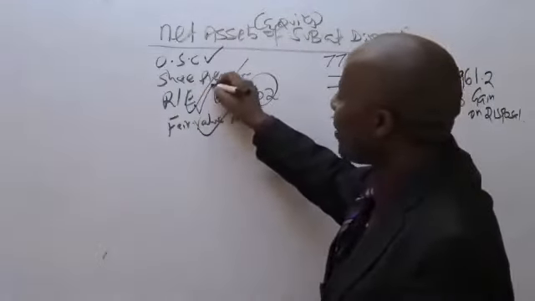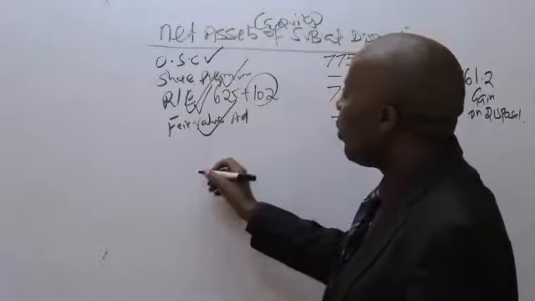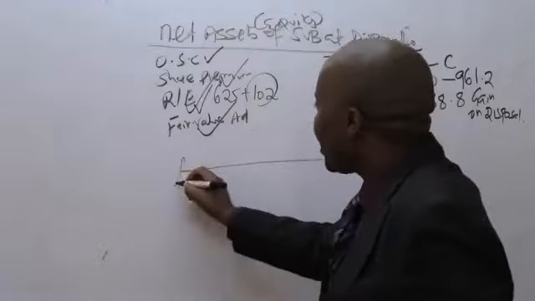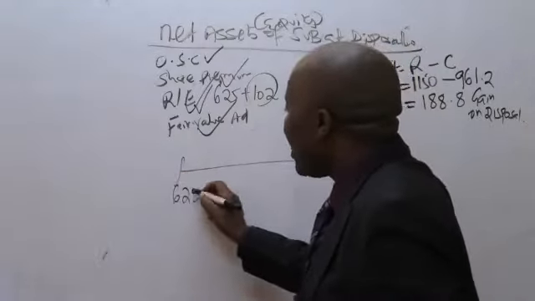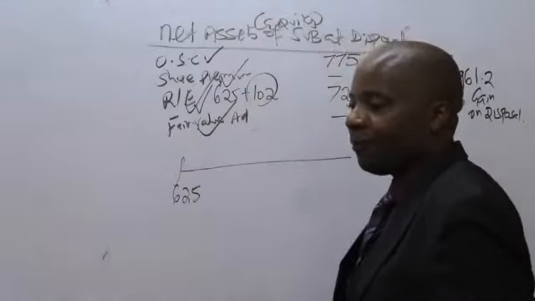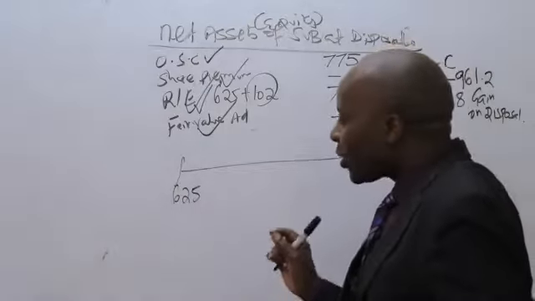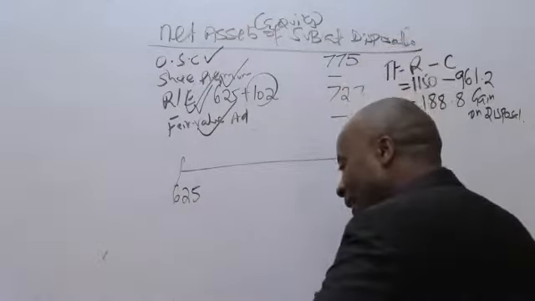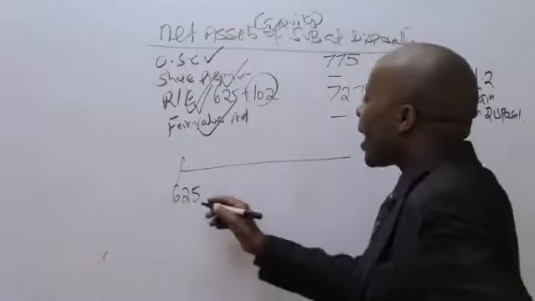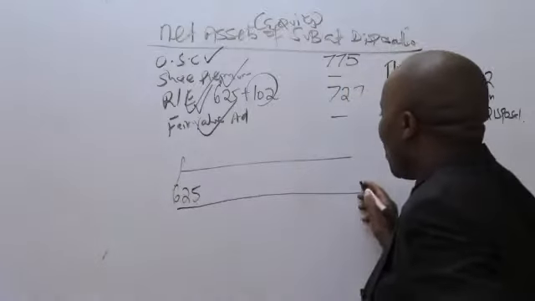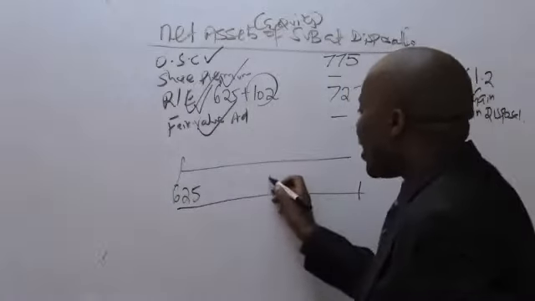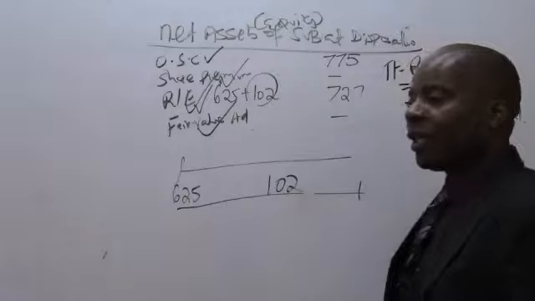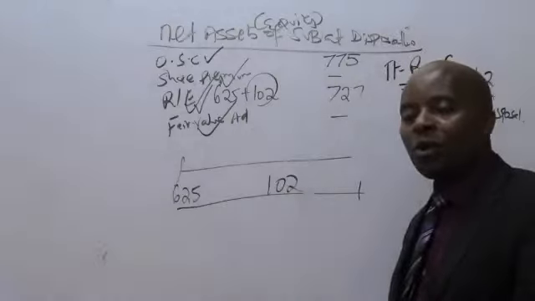Retained earnings, Mary is asking why add. When we bought this company, we bought it having retained earnings of 625. At the beginning, the company was not asleep the whole year. It went ahead and made a profit, a comprehensive income of 102.